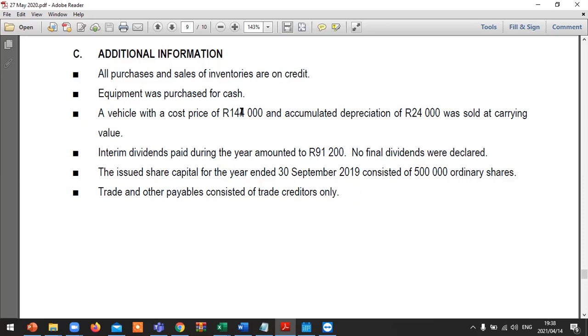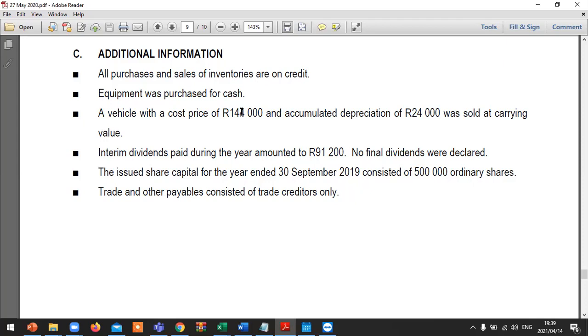All right. Okay. But before I answer that, let's quickly go back to the previous question. The question is, how would you know that this depreciation does not affect the one given on the statement of comprehensive income? It's because this one is relevant. It's specific. It says that a vehicle with a cost price was sold. So this one, it does not affect the depreciation that is given on the statement of comprehensive income.